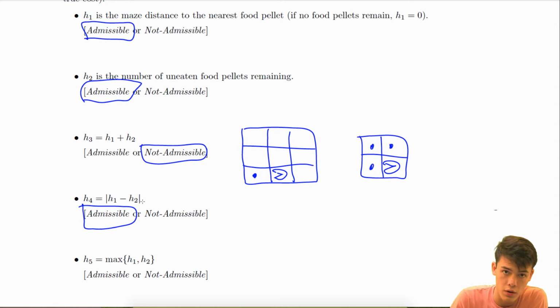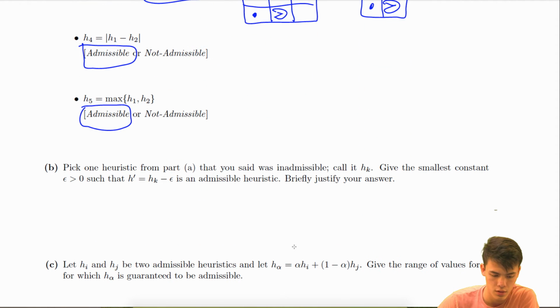Since both of them are already admissible, that is going to be admissible. Finally, H5 is just taking the max of both heuristics. And again, in general, if both H1 and H2 are admissible, then the max of both of them is also going to be admissible. All right, so that is question A.